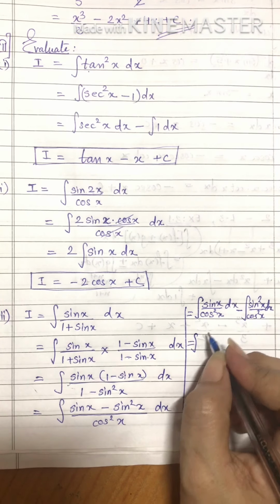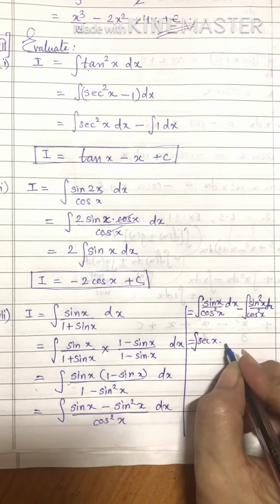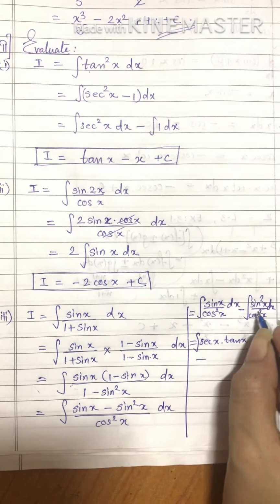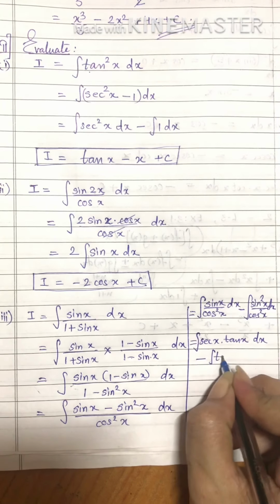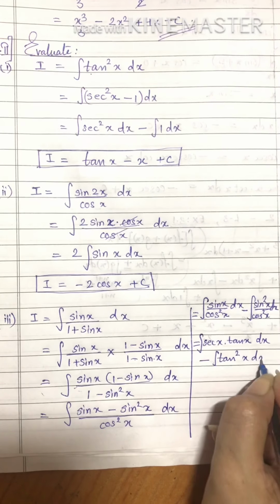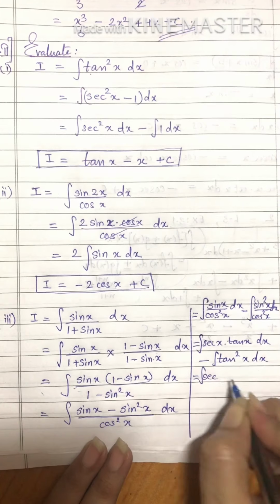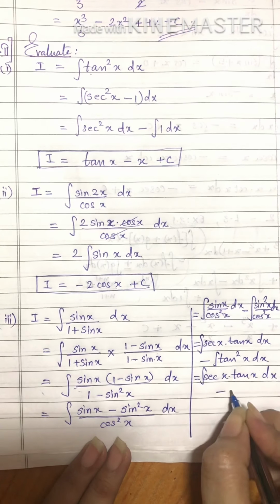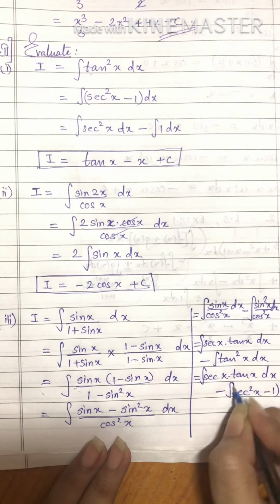So 1 upon cos x is sec x and sin x upon cos x is tan x, right? Minus integration sin square x upon cos square x is integration tan square x, right? So in place of tan square x we'll use the identity. So I will get here sec square x minus 1, right?